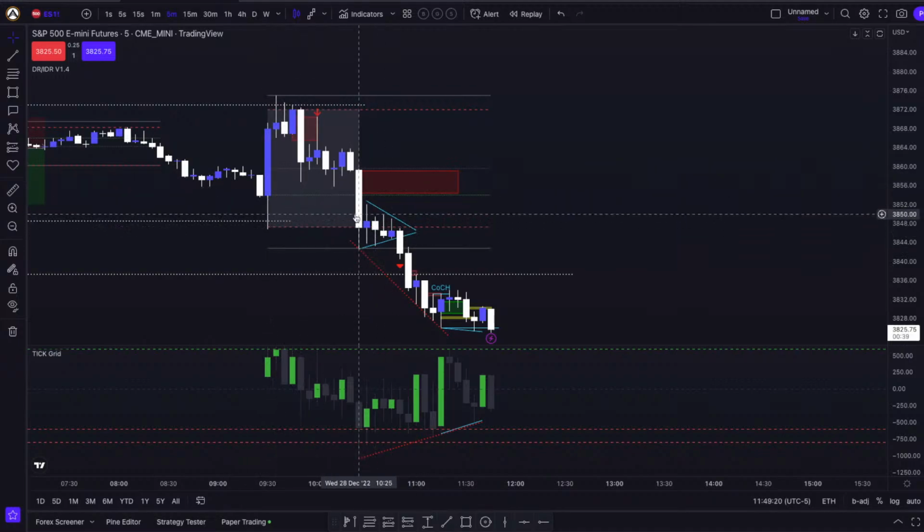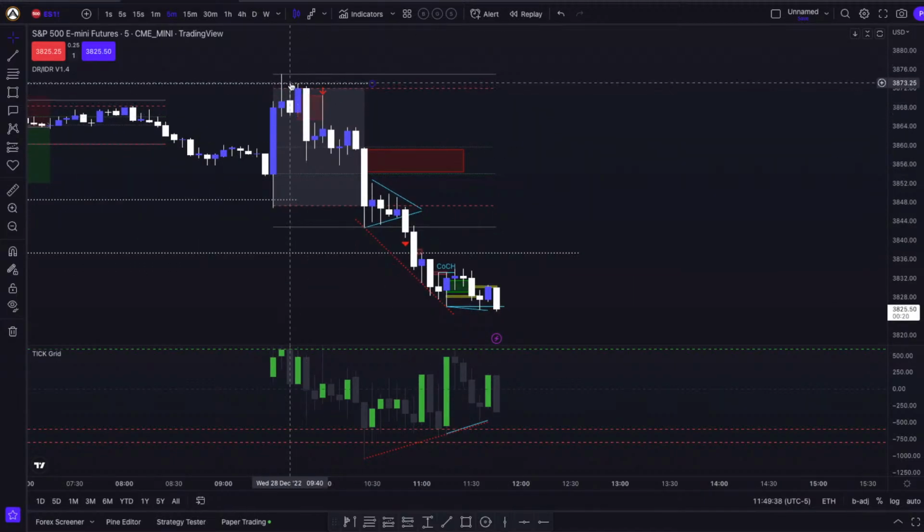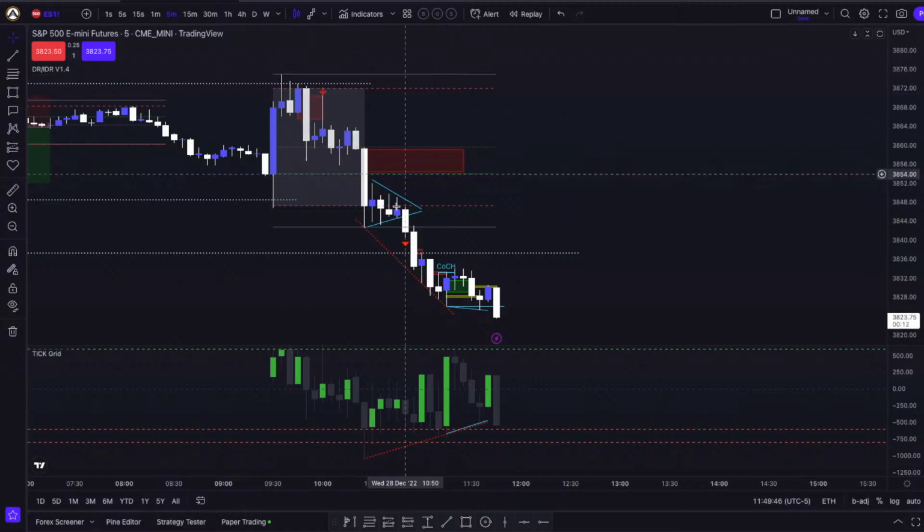If we see a 5-minute candle close below our DR low, which represents the lowest point within the period between 9:30 and 10:30 a.m., then we have around an 88% probability that this high right here is going to be the high of the session. And yeah, it's working out really well so far.